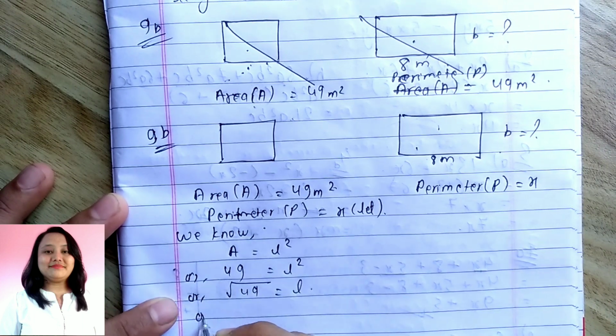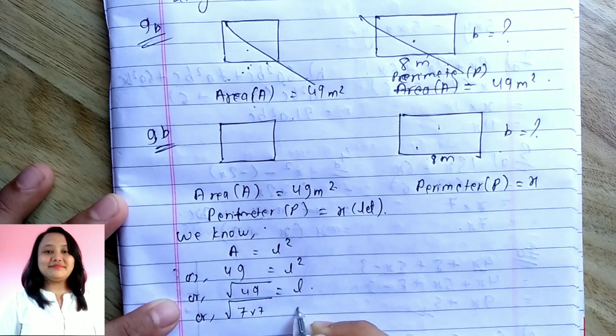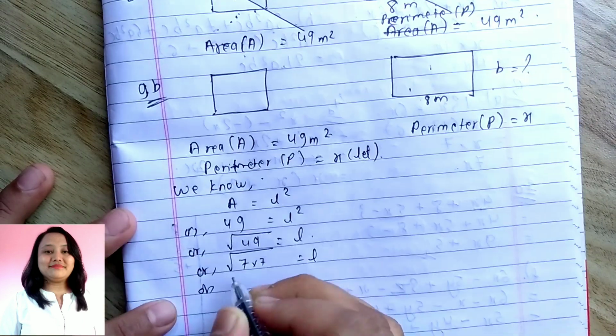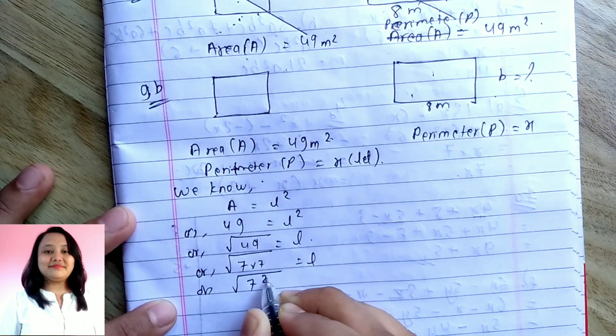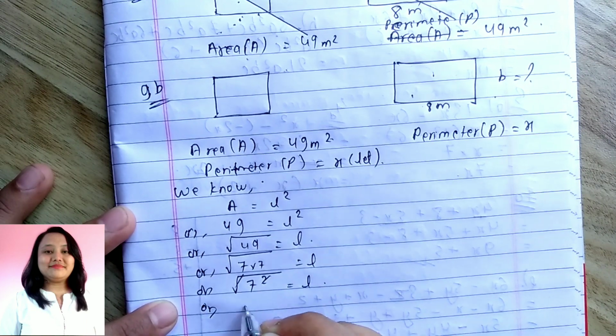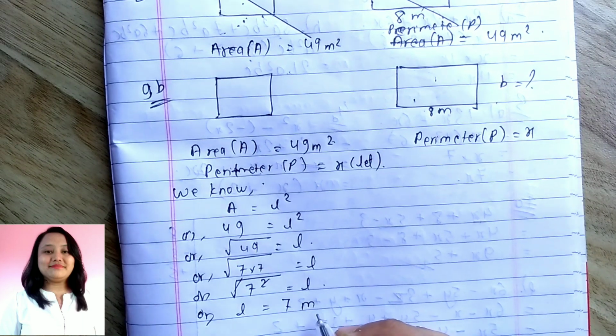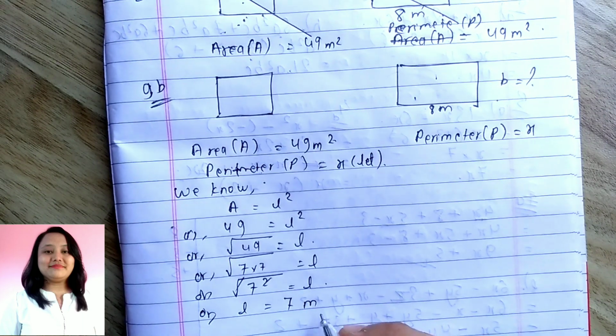So it will be L. And 7 sevens are 49, so it will be 7 into 7 equals L, or root under 7 square, this square and this square will be cut down and only 7 will remain. So L equals 7, right? In unit we have to write meter, so 7 meter.